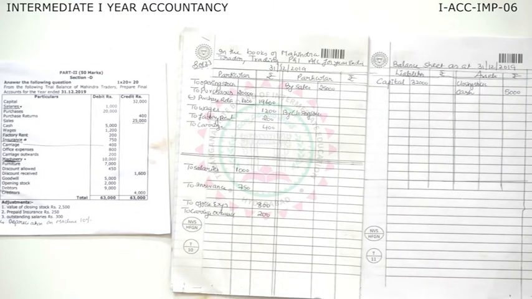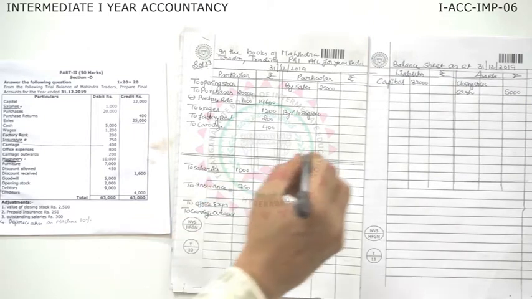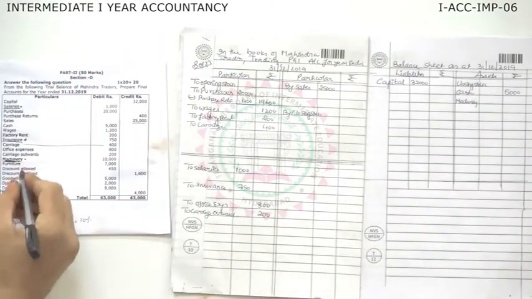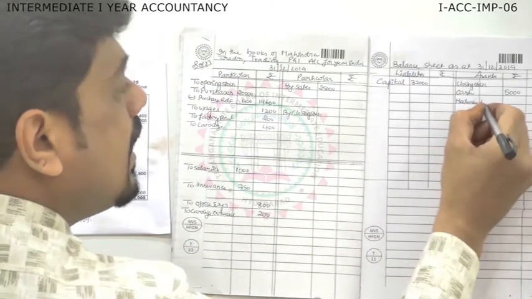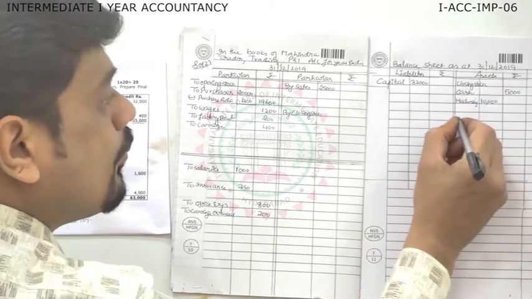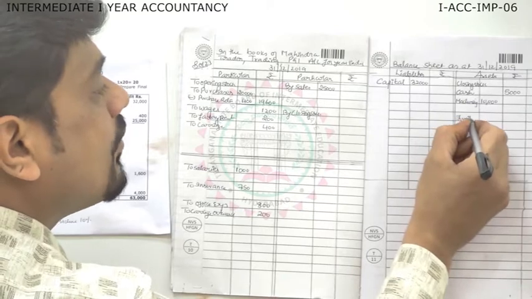Then machinery. You know machinery is an asset. So we'll go to asset side and write machinery. How much is the value of machinery? 10,000. I wrote in inner column because I have to give an adjustment. Then after machinery, furniture. Furniture is also asset. So I'll leave one line gap. I'll write furniture.